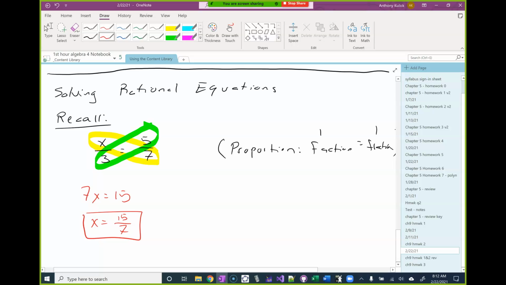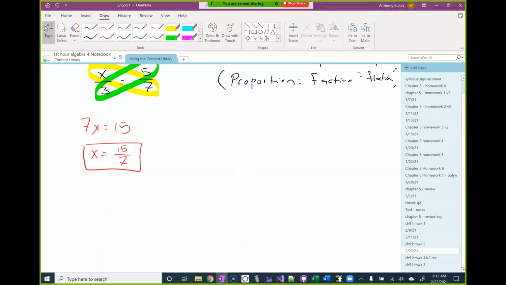Is everybody okay with that idea? Does that ring a bell now that we do it? Maybe. Okay. Let's now look at the same kind of example using a rational function or rational equation.